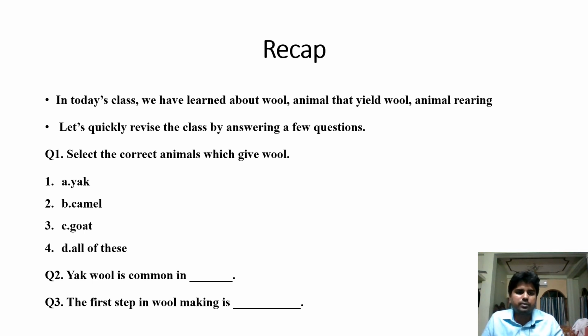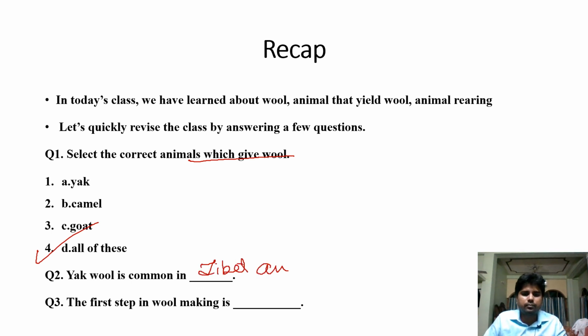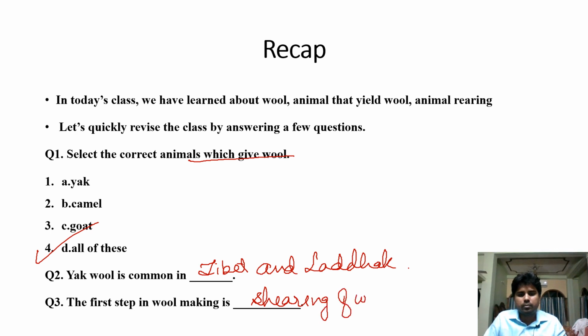Okay, so tell me the answer, student. Select the correct animal which gives wool: yak, camel, goat, all of these. So the answer will be all of these. Yak wool is common in Tibet and Ladakh. The first step in wool making is shearing, meaning removal of wool.